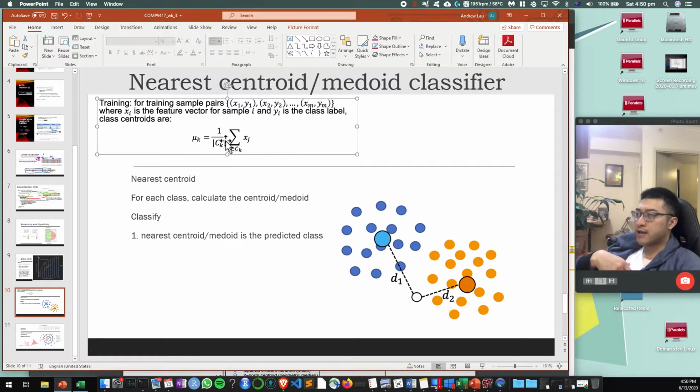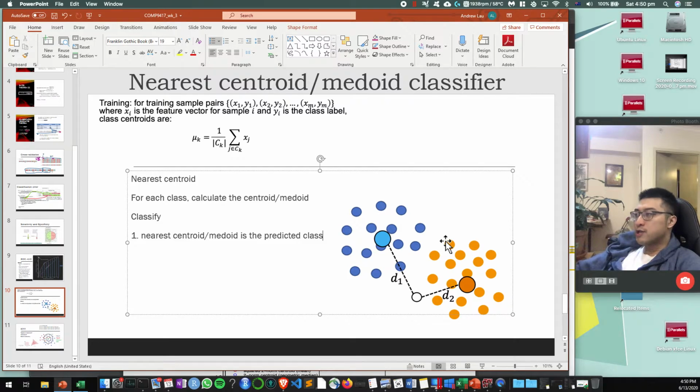Okay, so this is how you calculate one dimension of each centroid. What you can think of it as doing is you effectively average out the values for everything in that class.